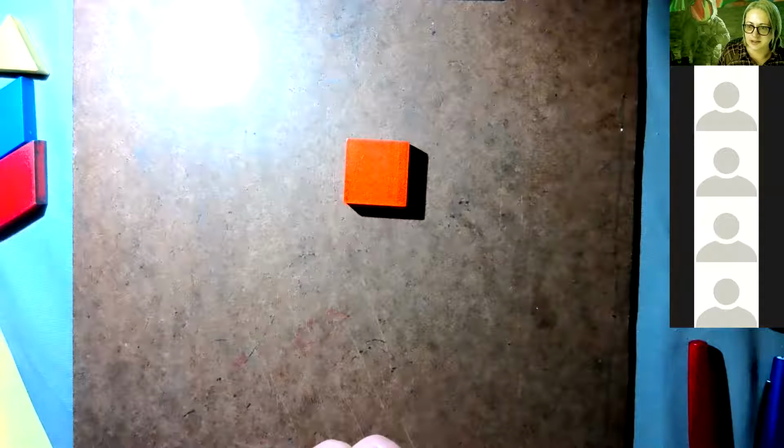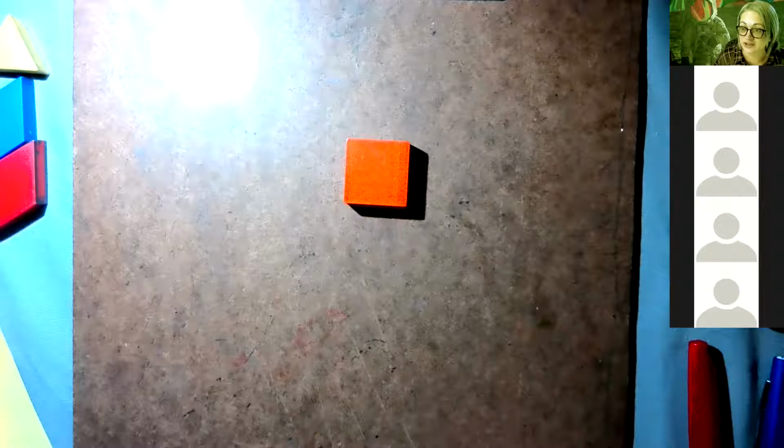What else? Remember we talked about this yesterday in the lesson. It could be also called a rectangle. It's a rectangle too. It's a special rectangle. What else? Parallelogram. It can also be called a parallelogram. And then there's another one.